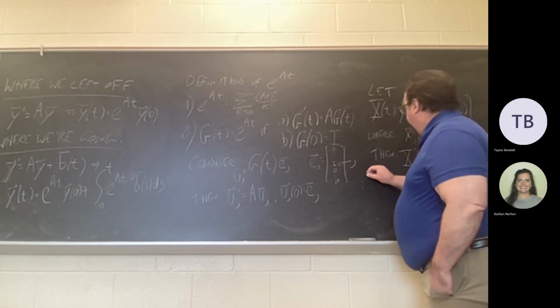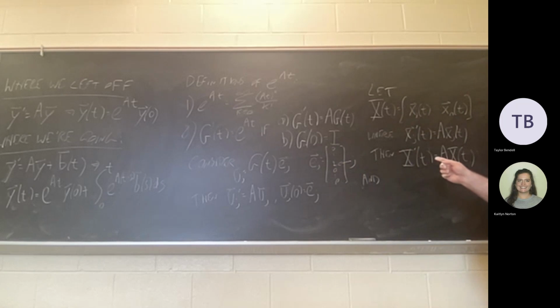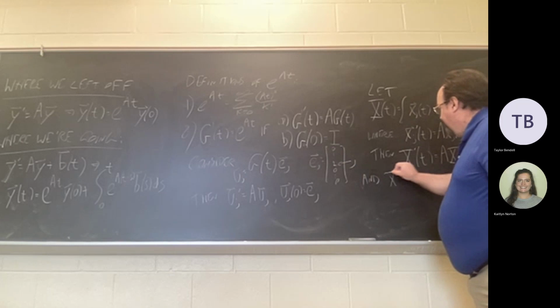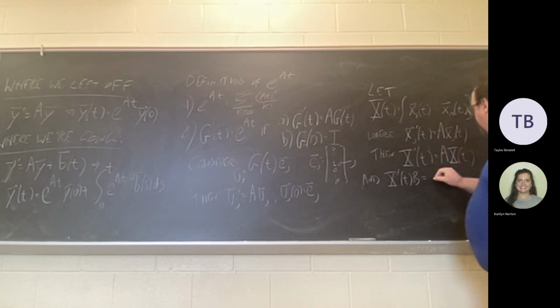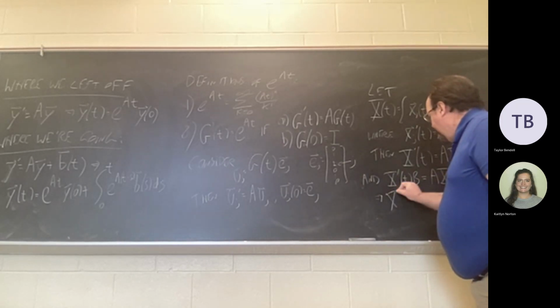So if I multiply both sides of this matrix equation by some arbitrary matrix B, where B is any matrix that has n rows, in fact, I can write it this way.